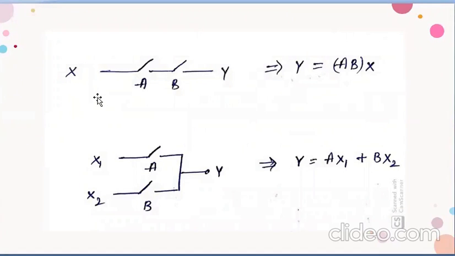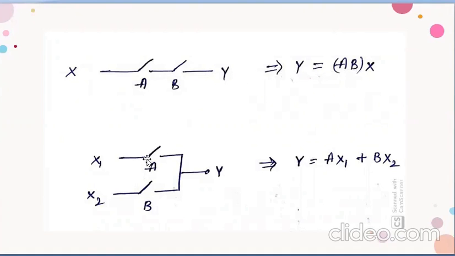Before going into the implementation of digital circuits, let's deal with switches. When I connect switches in series, I will get output when both inputs A and B are high.